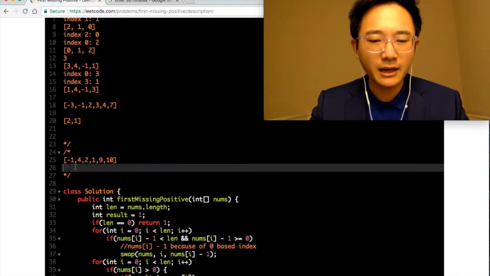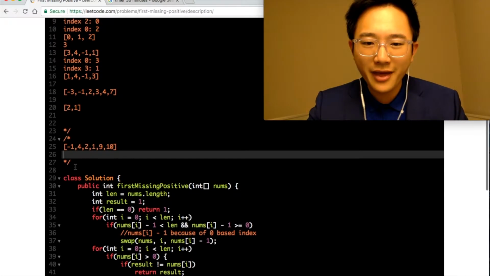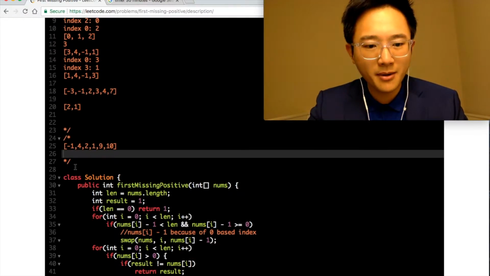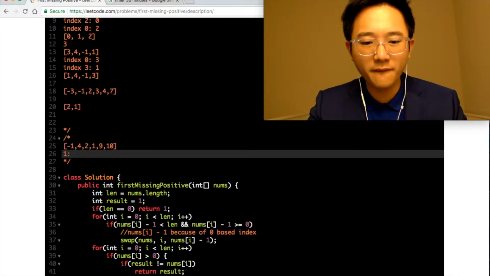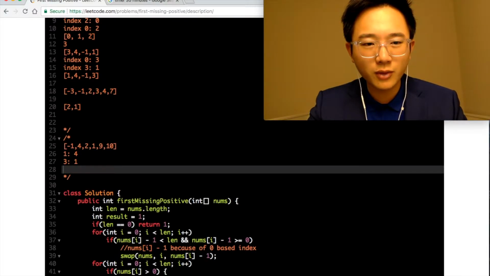At 0 we have a -1, which is nothing, so we don't swap them. And then at index 1 we have 4. 4 minus 1 is 3. At 3 we have, 0, 1, 2, 3, we have 1, so we're going to swap them.